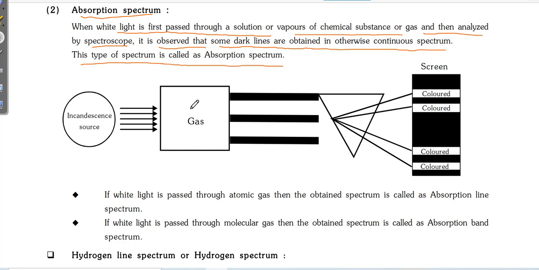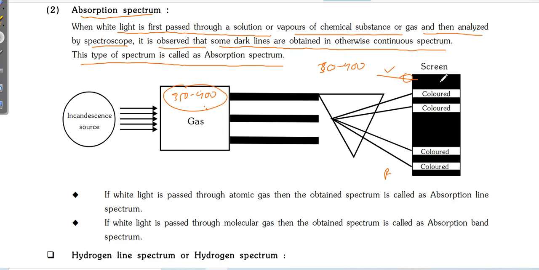See here, it may be observed that some of the light shows a dark line. Suppose the VIBGYOR range is maybe 350 to 400 nanometer. Light of 350 to 400 nanometer is absorbed by this gas.